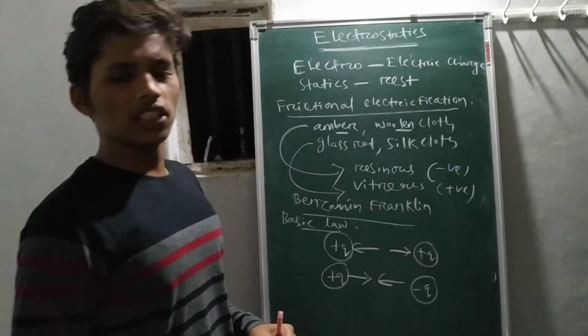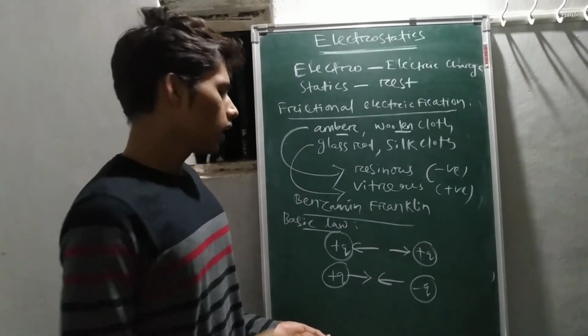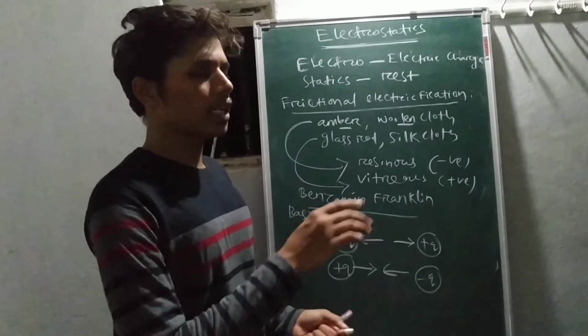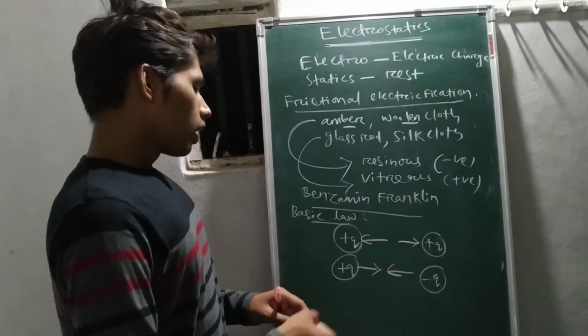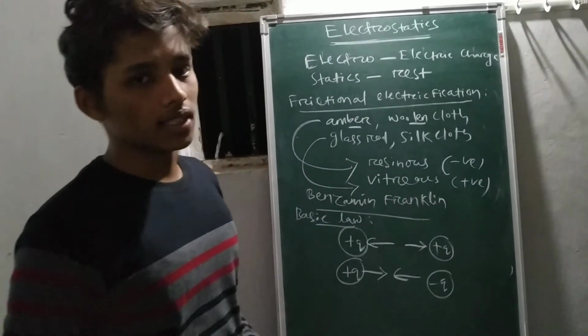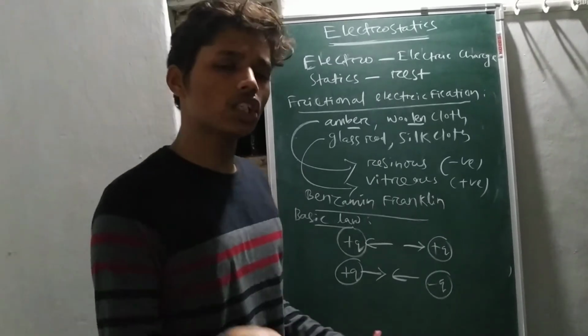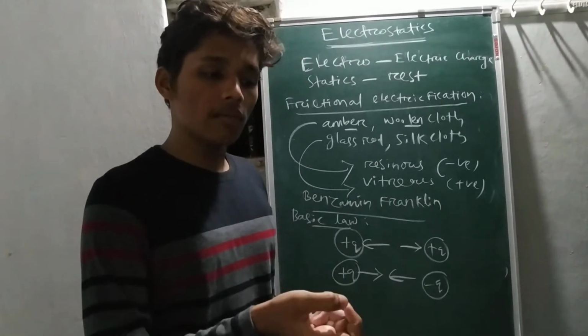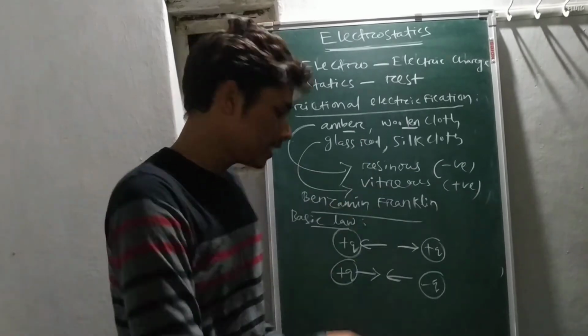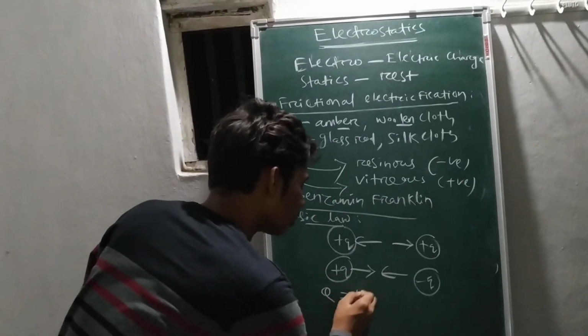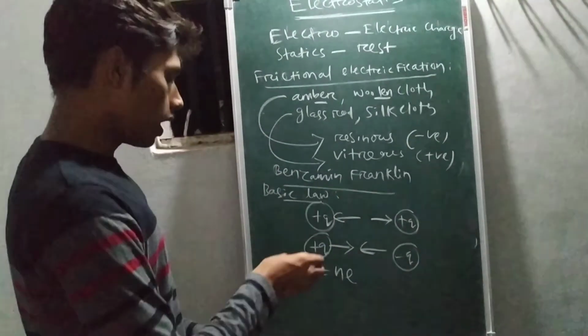And charge is of two types, as you have known: one is positive and another is negative. Then there is a point, quantization. Quantization means how many times the electron is contained in that charge.